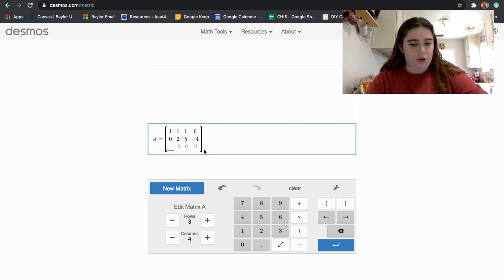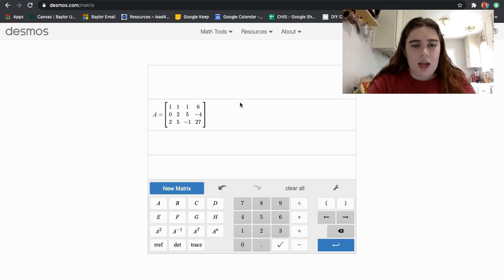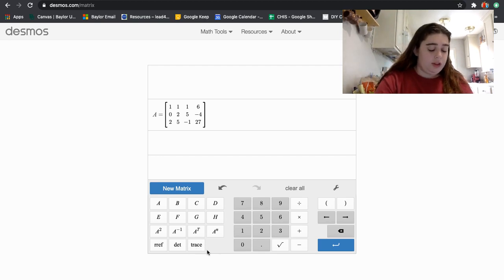Then we have 2, 5, -1, 27. Okay, so that is the matrix, and it automatically named it matrix A, but it could be any letter that you want. The letters come in handy when you're working with different matrices. So that is how we enter that into Desmos.